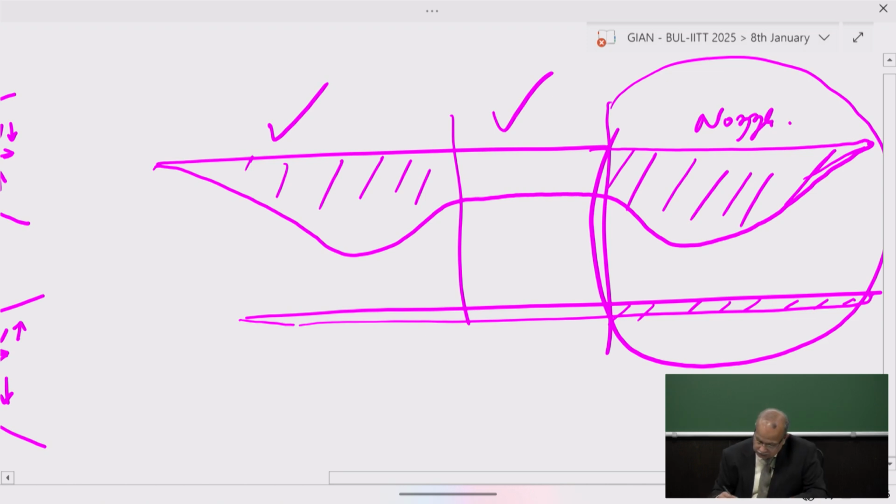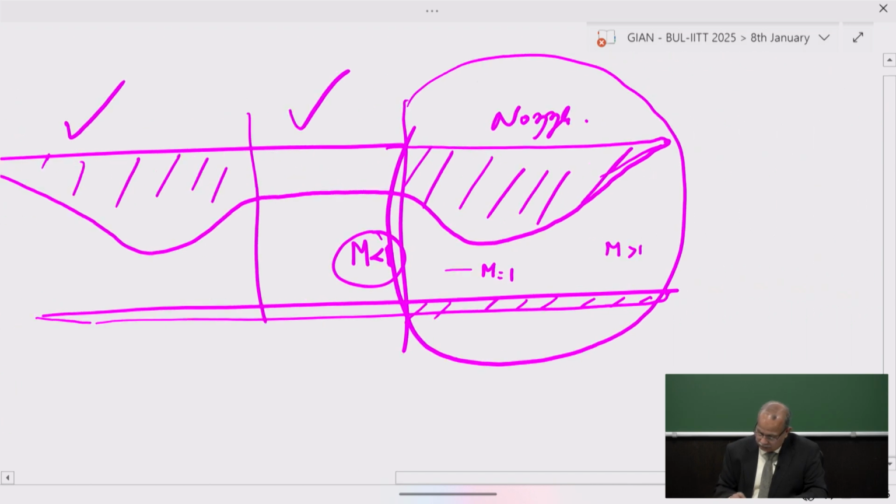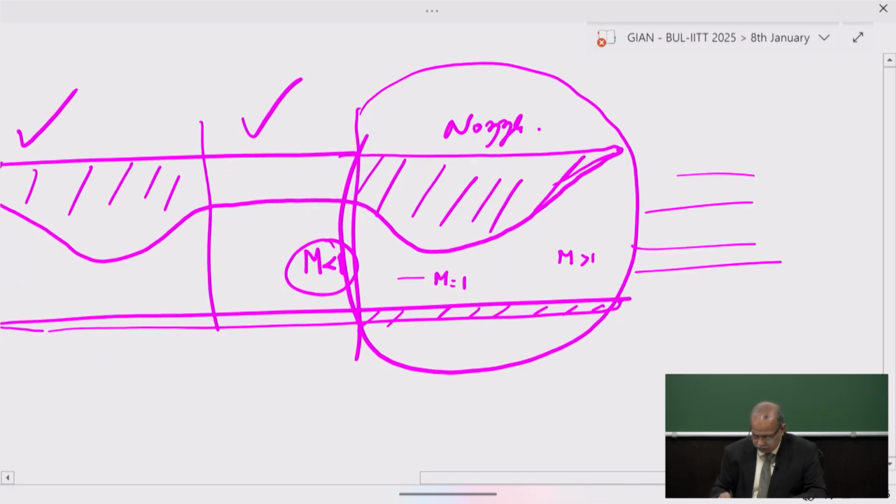Now you can see that the flow entering a ramjet, where the combustion takes place under subsonic conditions, so M less than 1, is going to accelerate, reach M equal to 1 at the throat, and then go to supersonic conditions.